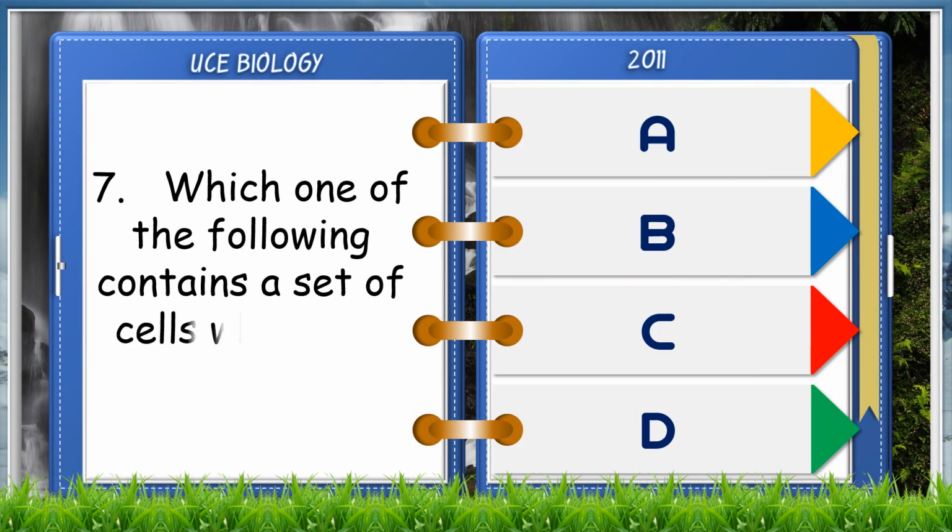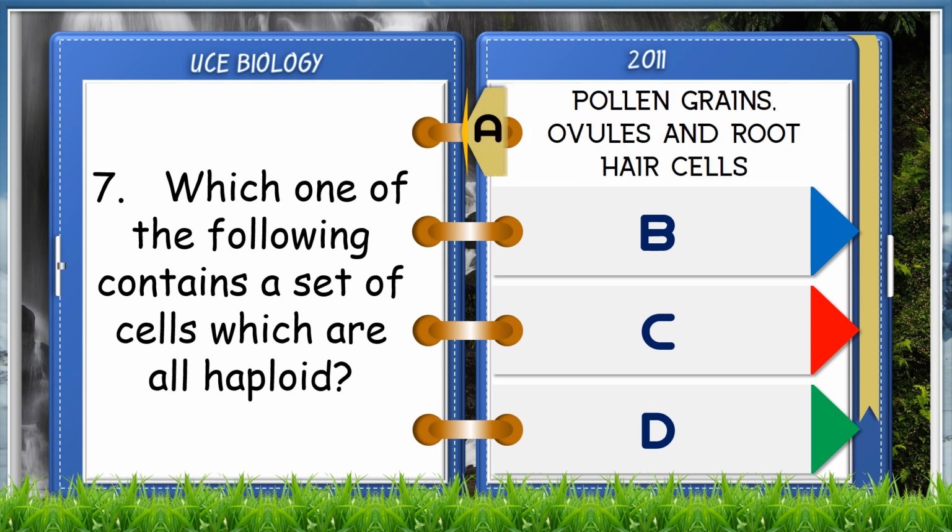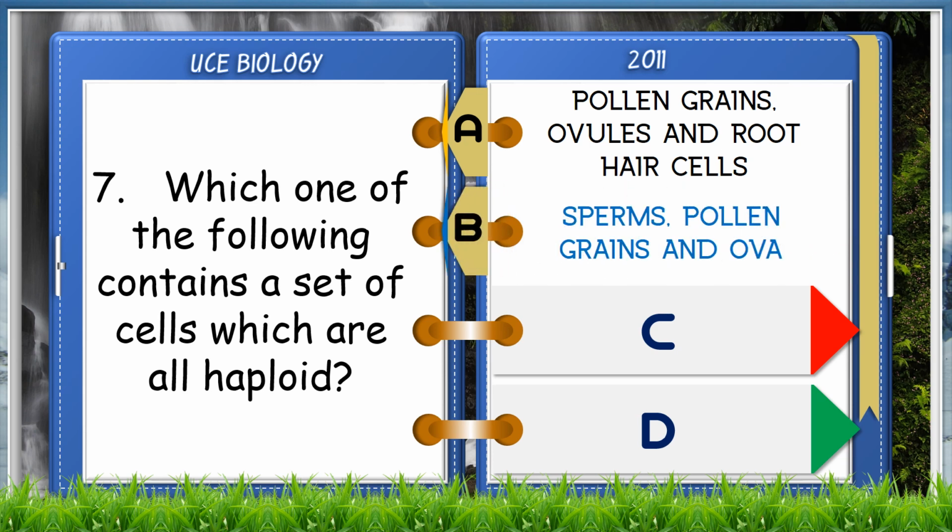Which one of the following contains a set of cells which are all haploid? A. Pollen grains, ovules, and root hair cells. B. Sperms, pollen grains, and ova.